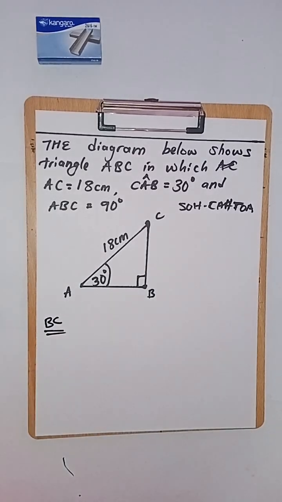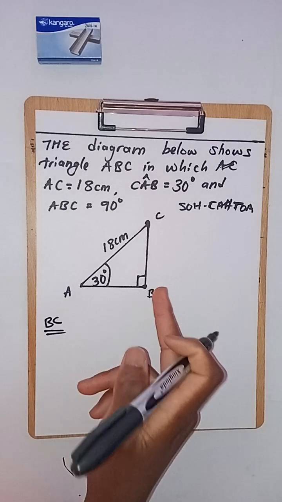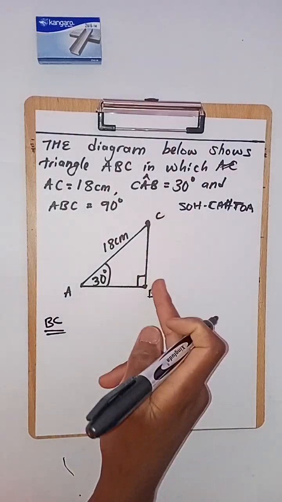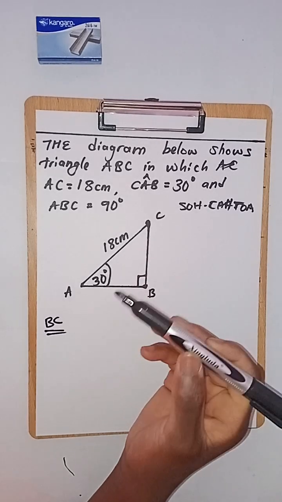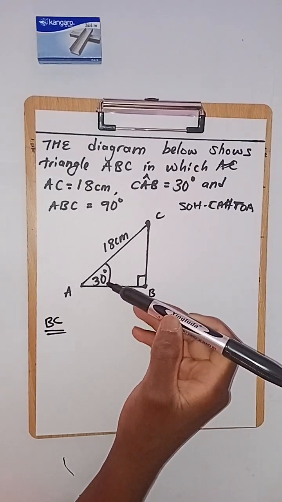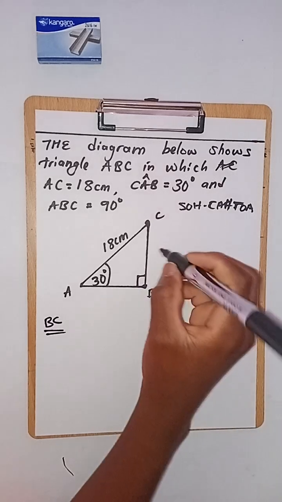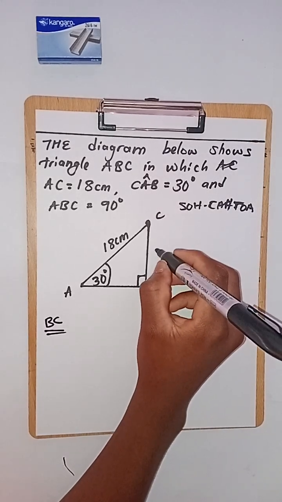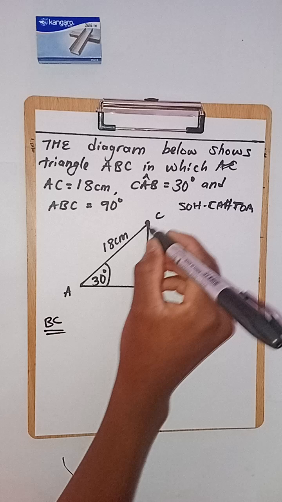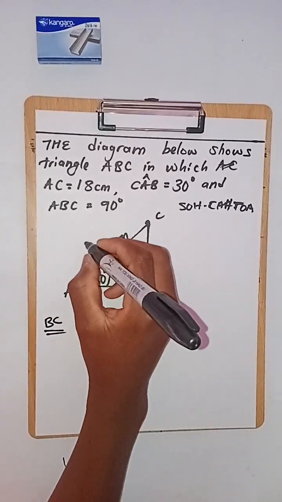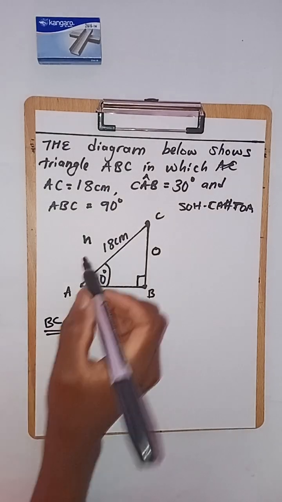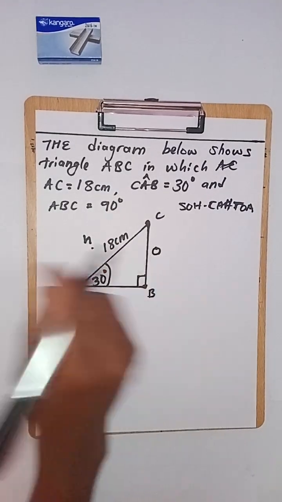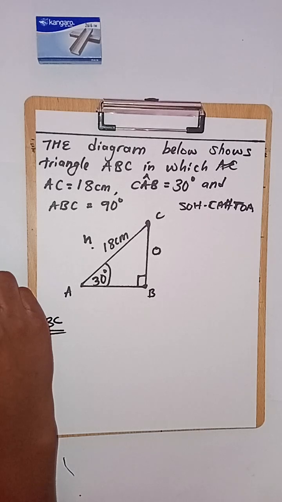The question is how? If we are looking for BC, it means we are looking for this side. Now, how do we call this side? Because the angle we have been given, our theta here, is 30 degrees, this will become our opposite. And then this, the long side here, we call it the hypotenuse. So when you have hypotenuse and opposite, which formula are you going to use?